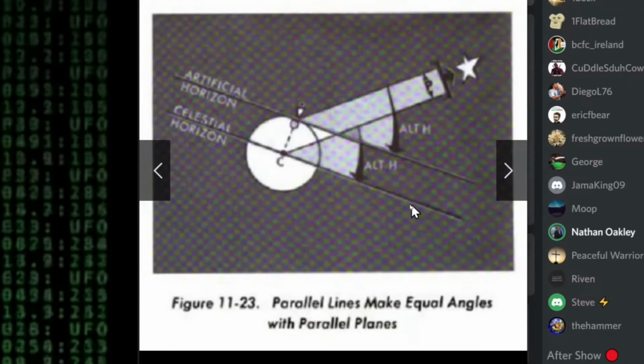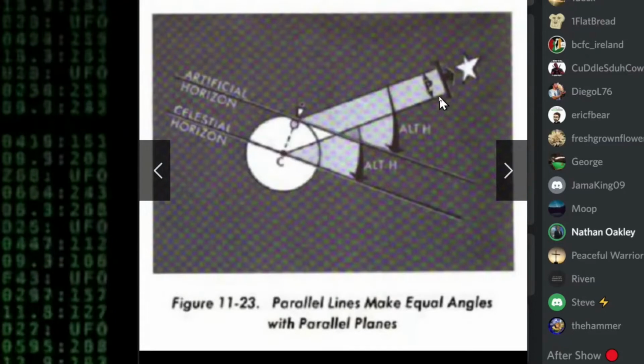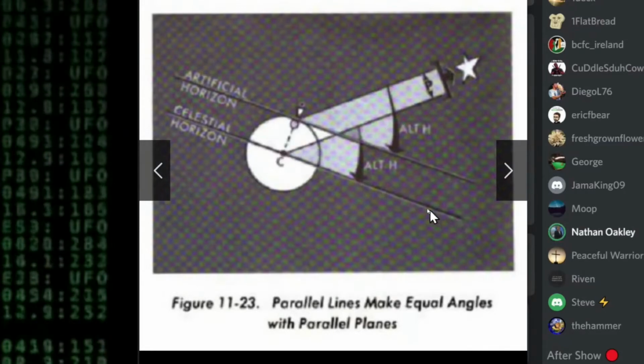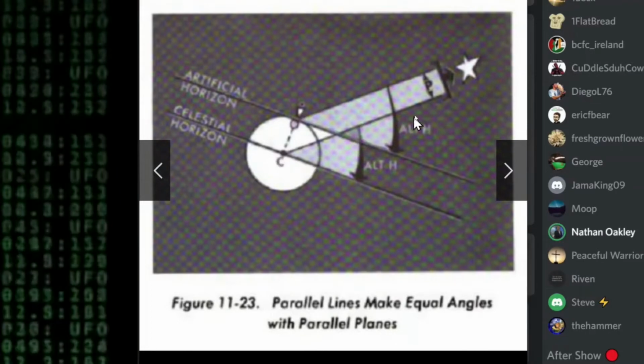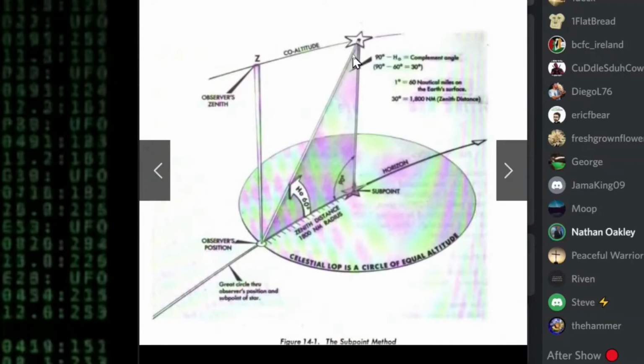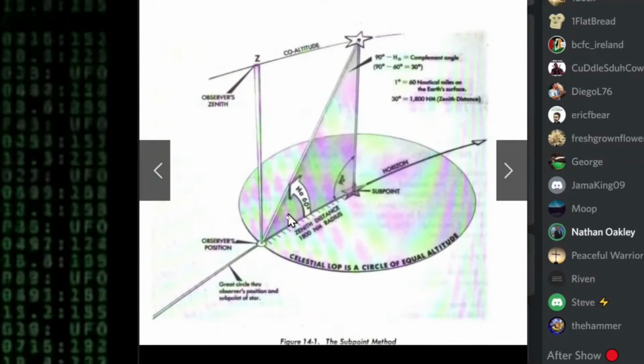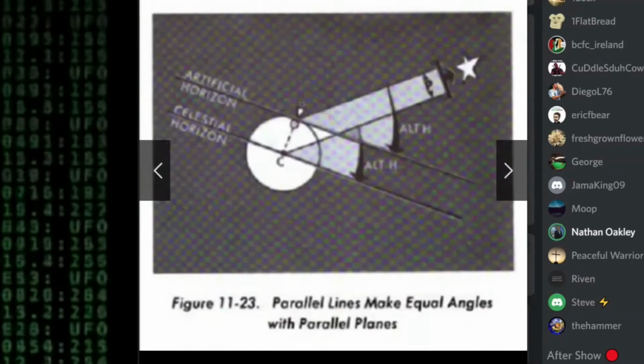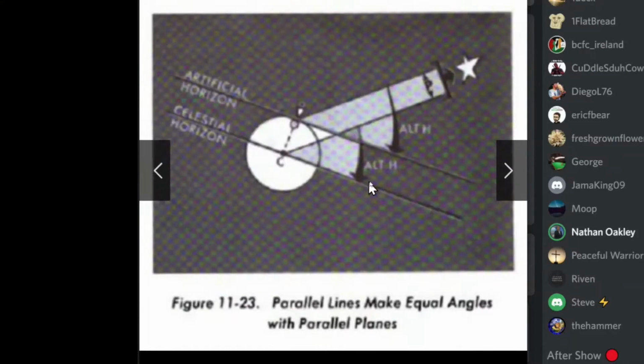So if all measurements are coming from a plane at the center and it goes all the way to the celestial sphere through space and everything else in their model, then really all they have is flat Earth measurements. And what they do with an artificial horizon is they use a bubble to give them that horizontal at their eye line, which is either called the astronomical horizon or the sensible horizon, because that's where their eyes are.